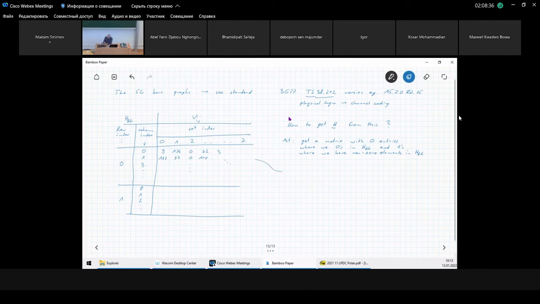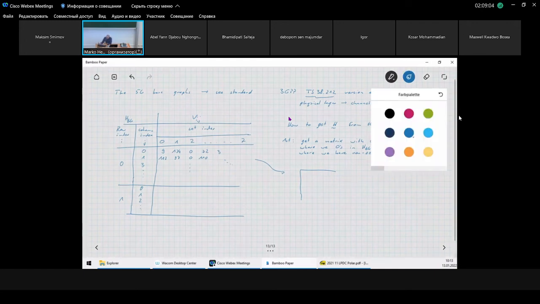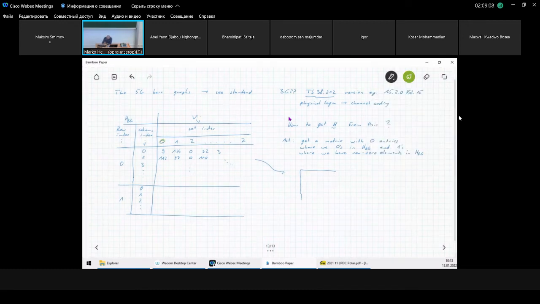This means from this guy here, so what do we have? We have the first column, first row. Of course, we need to look at a certain set index. Let's just assume we use the 0 set index.